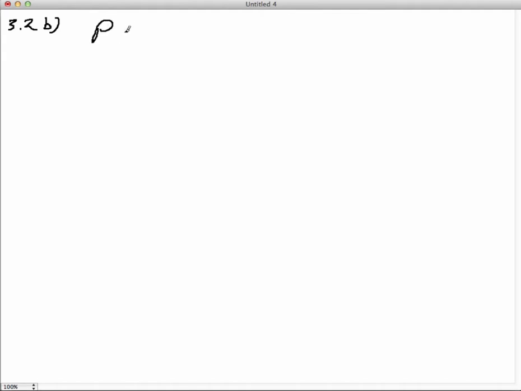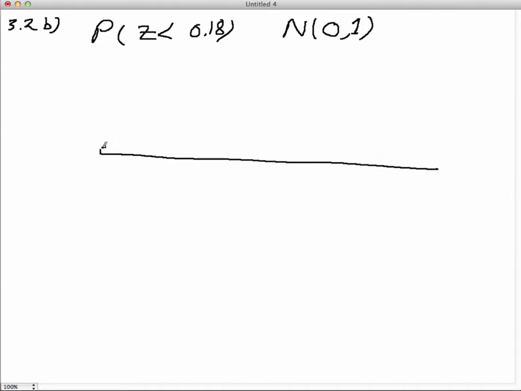So what we're looking for here is we want to know the proportion or the probability of seeing Z values less than 0.18. Okay, so we know again, since it's a Z, that's a dead giveaway that the model is N(0, 1), all right? So let's draw ourselves a standard normal distribution here.